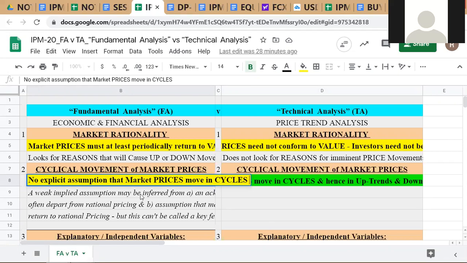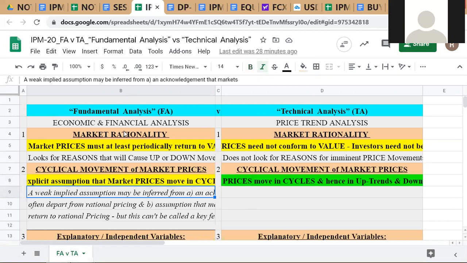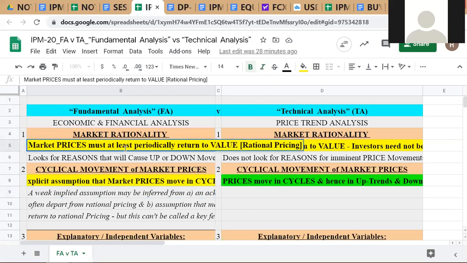You'll be studying from these notes, so I want to make sure that you understand what is written over here. There is no explicit assumption that market prices move in cycles, unlike, for instance, rationality. In FA, there is a very explicit assumption that market prices must at least periodically return to value. Value here is my estimate of fair value.